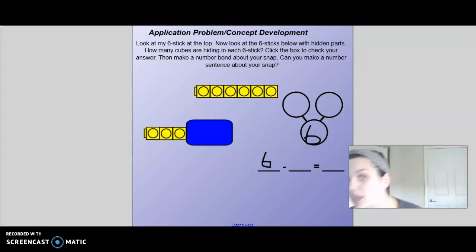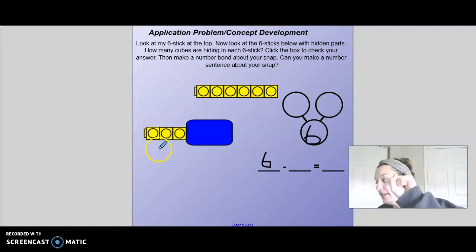Now, there are some cubes hiding. In order to figure out how many cubes are hiding, we're going to count up, but we're going to keep our fingers like this. We're going to go 1, 2, 3, 4, because I don't have another cube to point to, right? And we have to go all the way up to 6. So 4, 5, 6.